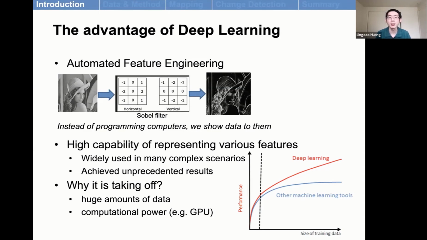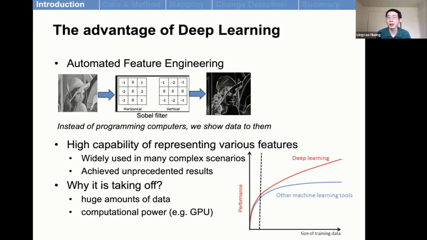Deep learning is a kind of technology where we input the data into the network, and the network can figure it out automatically. This is called automated feature engineering. So nowadays the way we work with computers has kind of changed.